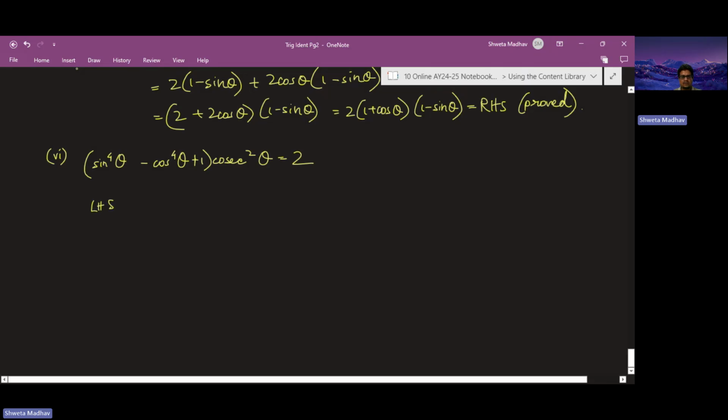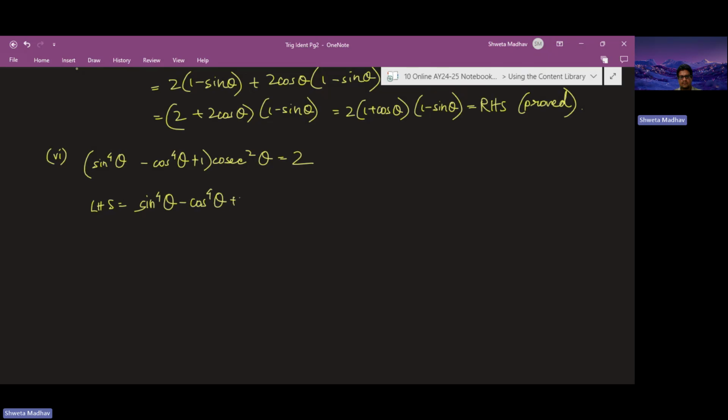So now on the left hand side, it is sin power 4 theta minus cos power 4 theta plus 1 into cosec square theta. Now cosec square theta we can write as 1 by sin square theta.